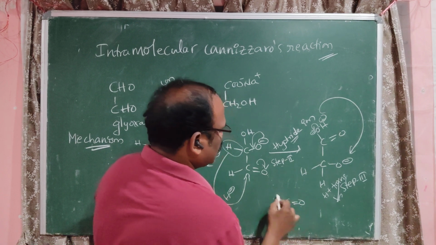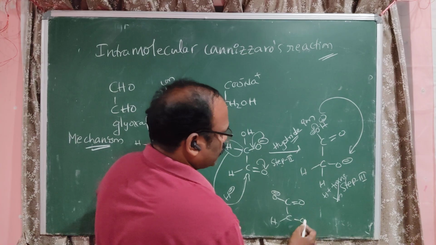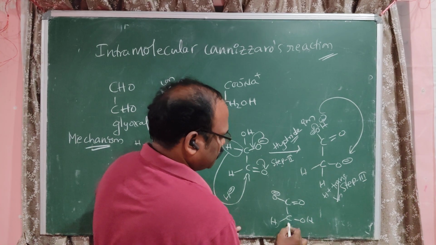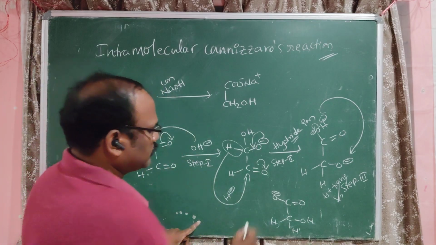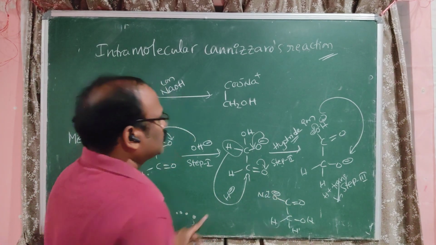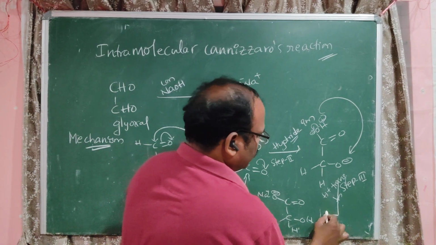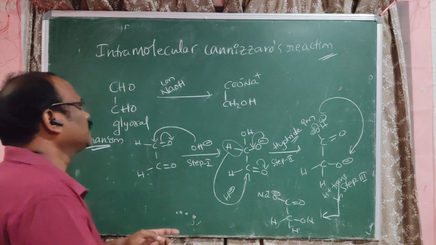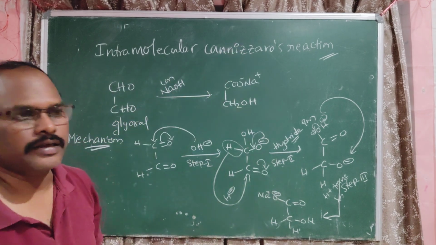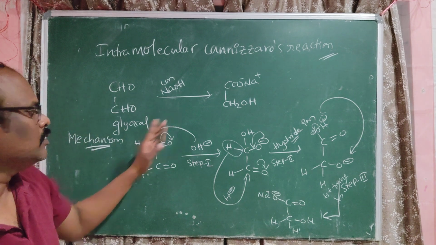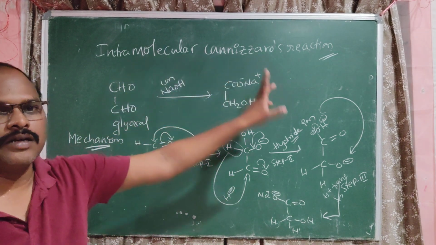Here Na plus is there. So the same product is obtained finally. The total reaction occurring in the same molecule is called the intramolecular Cannizzaro reaction. The reaction occurs within the same molecule, with some rearrangements.